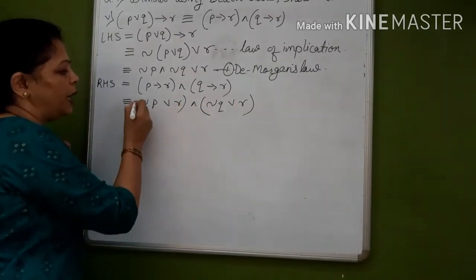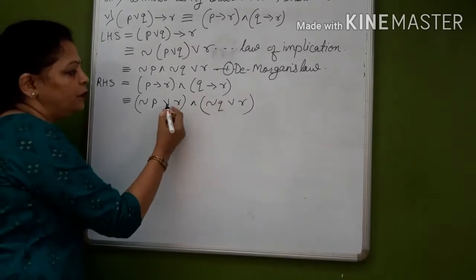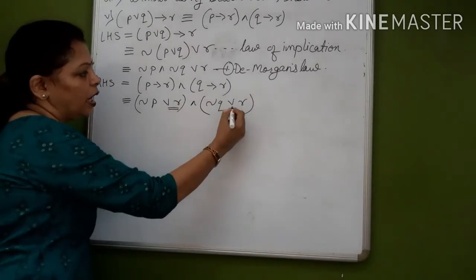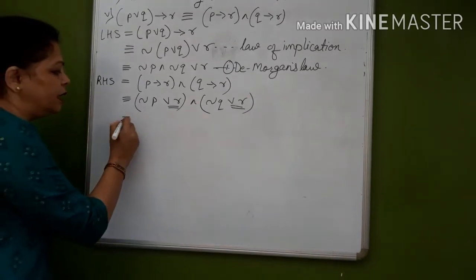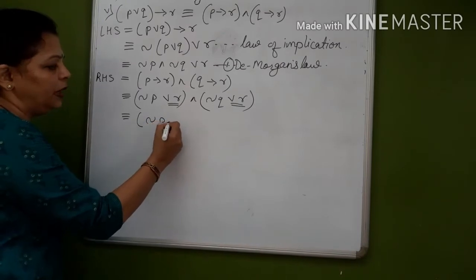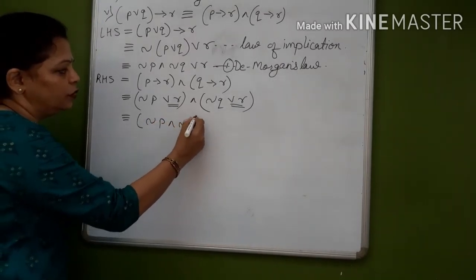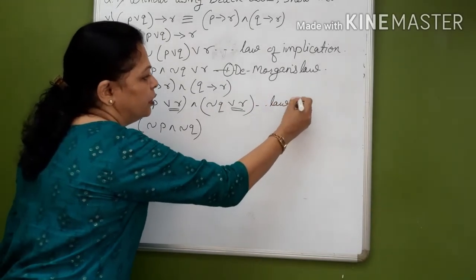Let's put them in the bracket. Fine. Now see, if you observe these brackets, in both the brackets or R is common. So let us take it outside the bracket. So inside you will get negation P and negation Q. We forgot to write the law here, law of implication.